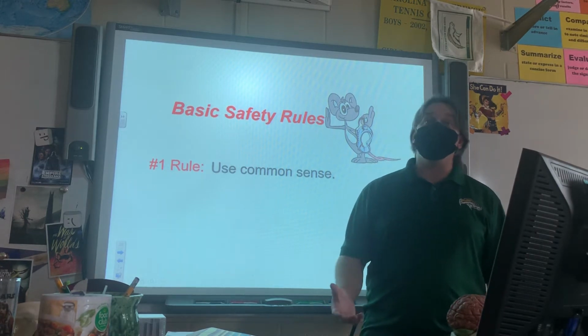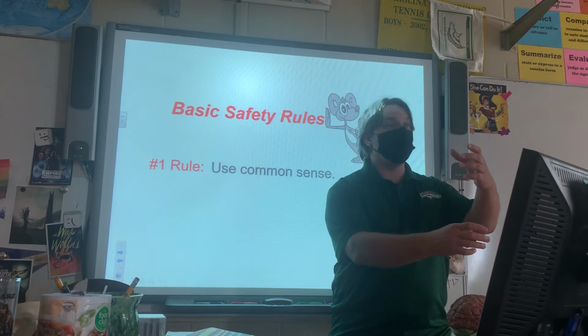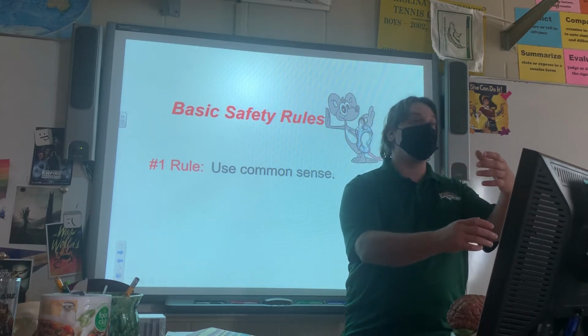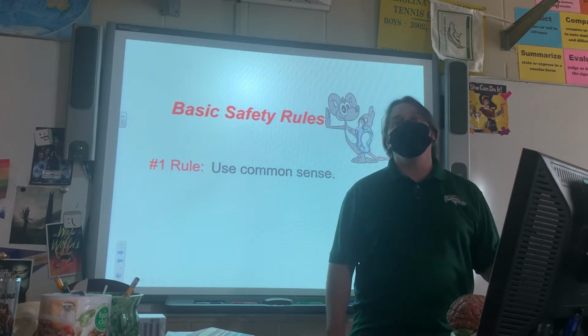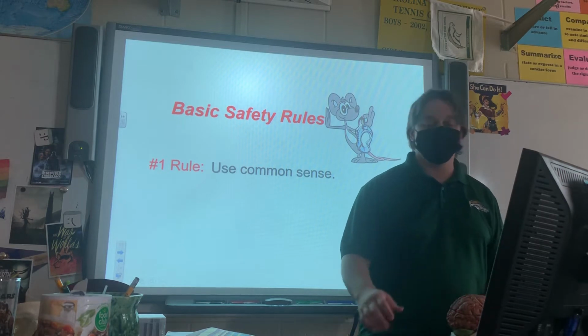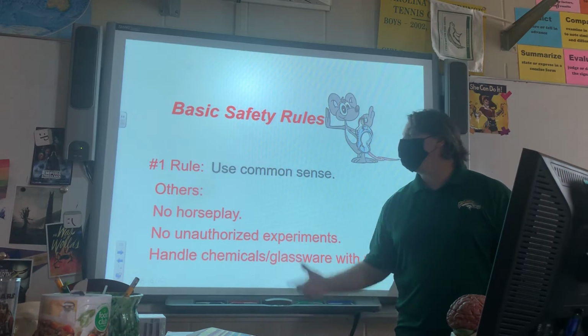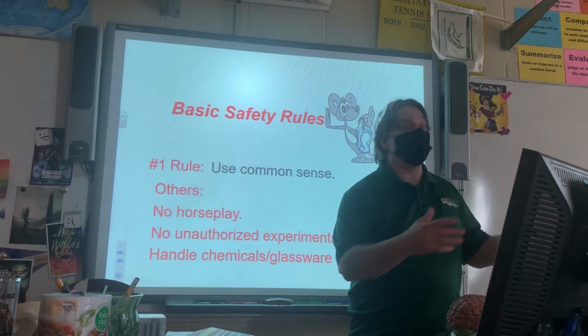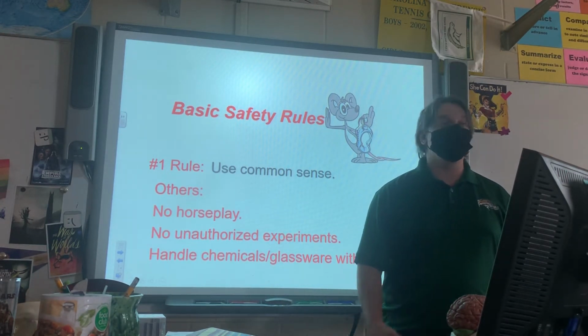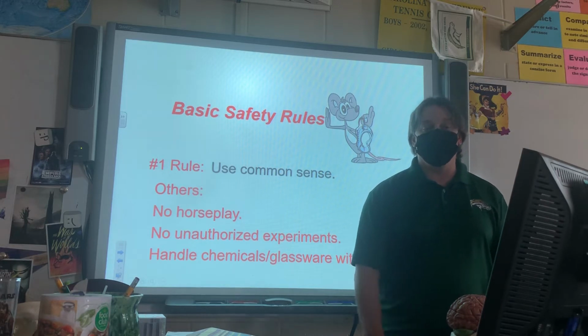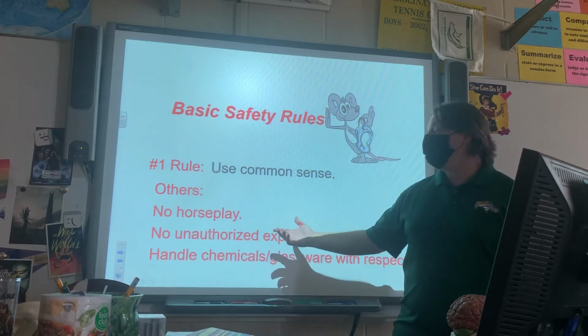If you're using glassware and you put it above a heater, Bunsen burner for 20 minutes, you're not going to pick it up with your hand. Common sense. Use your common sense. Other things, we try to avoid horseplay. If you have glass and things, pushing people around, especially if it gets crowded, you can knock things over. No unauthorized experiments.